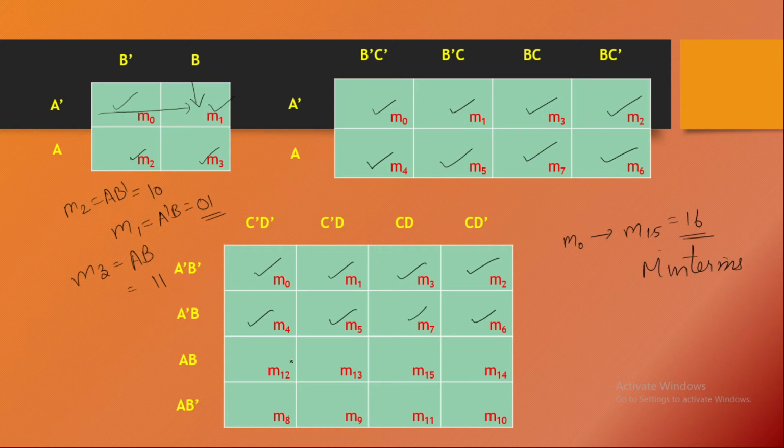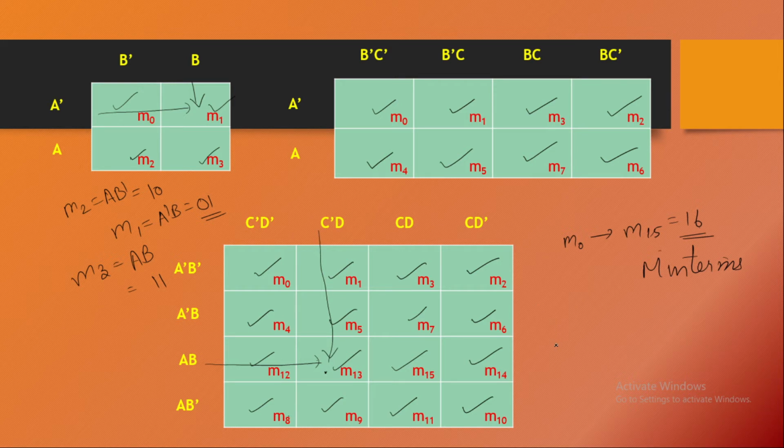And the last two rows, where I have to start from M8, M9, M10 is here, M11 is here. Then I have M12, 13, 14 and 15. You can take any cell for referring to the Boolean values. Let's say I'm just selecting this M13. M13 is formed by this row and this column.